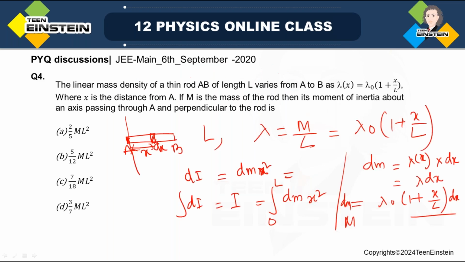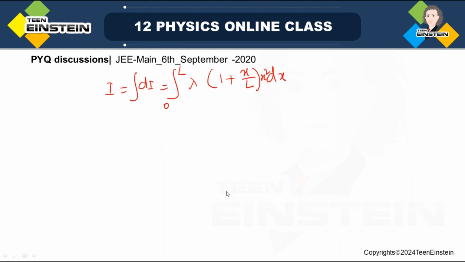So x square, this is x to the power 4 by L into dx.